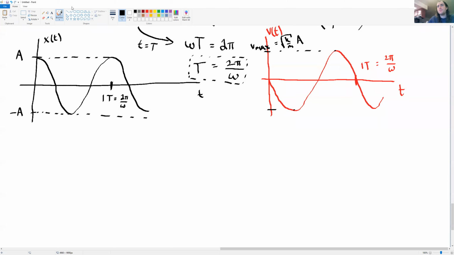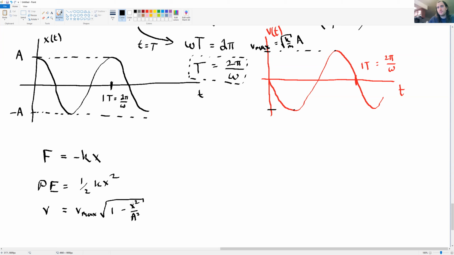So we talked about the force being minus kx, right? We talked about energy, right? Potential energy was 1/2 kx squared. We talked about v as a function of x, v equals v max times the square root of 1 minus x squared over A squared.